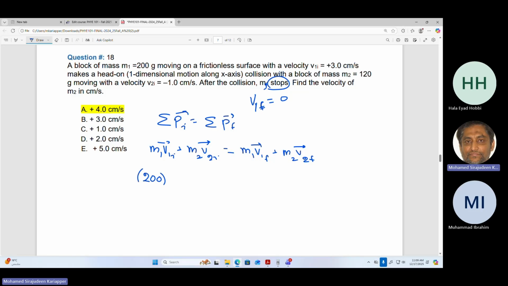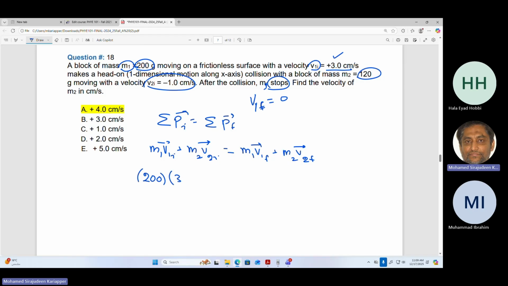You should identify what is m1 and what is m2. So m1 he is saying 200. V1I is given, m2 is given, and V2I is also given with the sign. It's being helped a lot.